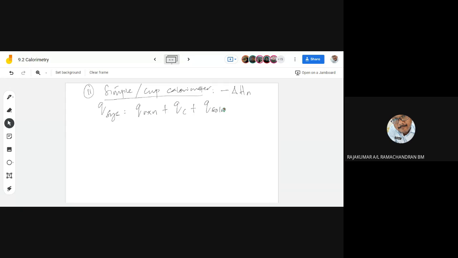No water, Q solution equals 0 because we assume no heat loss to surroundings. So that means our Q reaction sama dengan negatif Q calorimeter tambah Q solution. Okay, ini adalah formula untuk simple calorimeter.